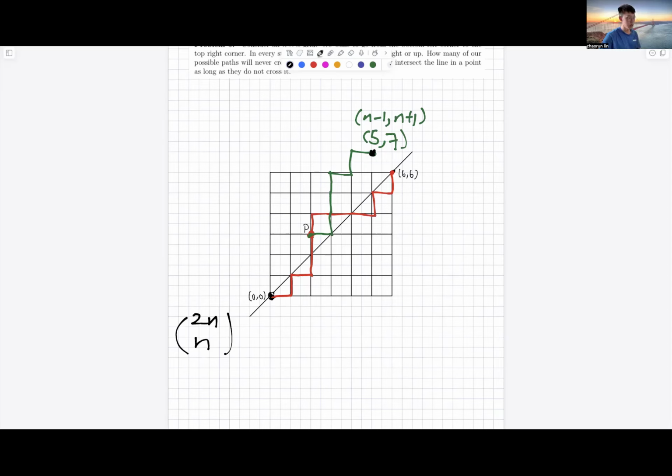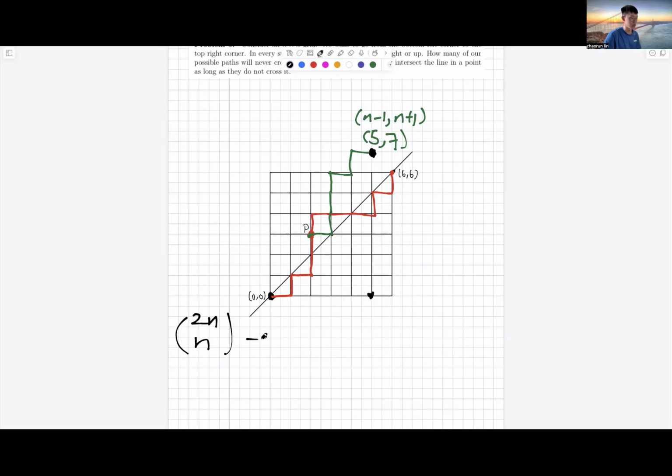Then the reflection of the path that crossed the line will always go from (0,0) to (n-1, n+1). So we can calculate how many possible paths reach here. It is basically easy to calculate. Here we have n+1, here we have n-1.